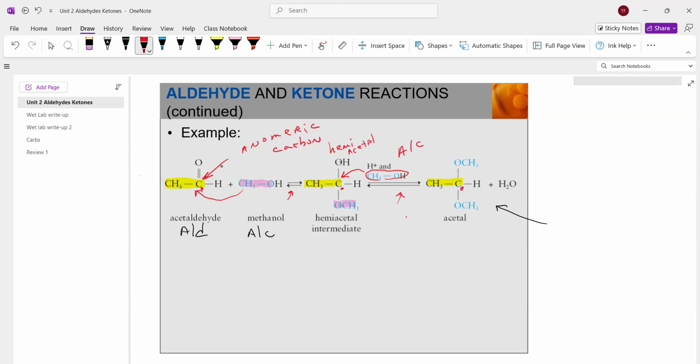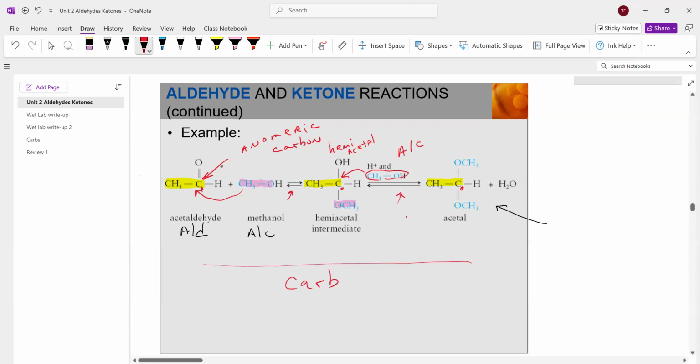Now we're going to find this anomeric carbon concept in carbohydrates as well. And that's going to be where carbohydrates are cyclic, except when they're not cyclic, and that's when they open up. And the reason why they're cyclic is because it's more stable than when they're open. And we're going to find that that's where the reactions happen in carbohydrates, is this reaction here.